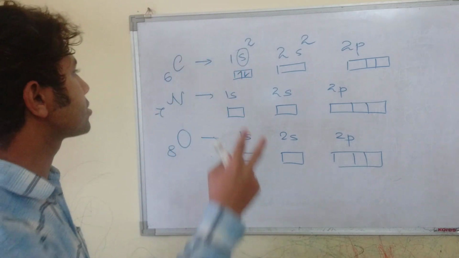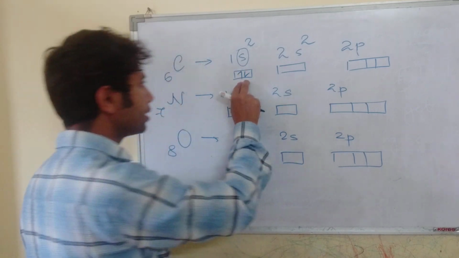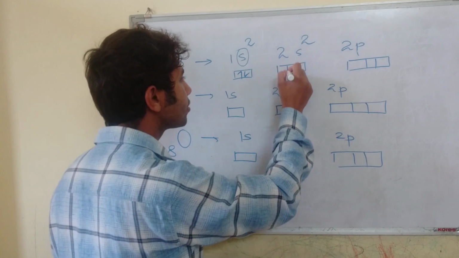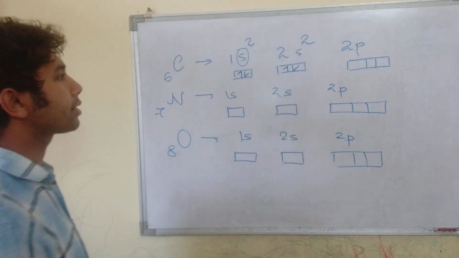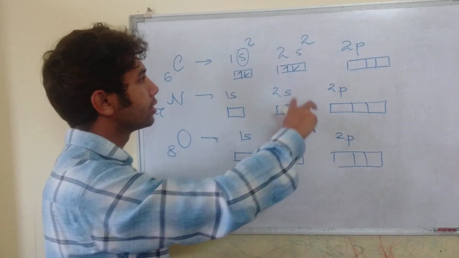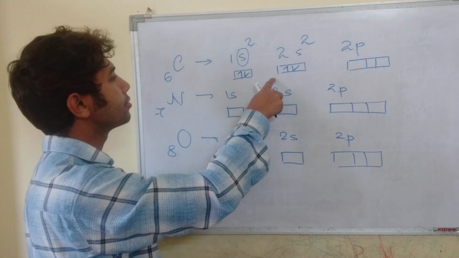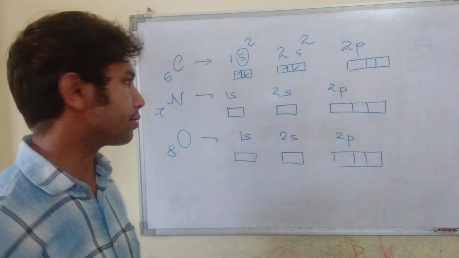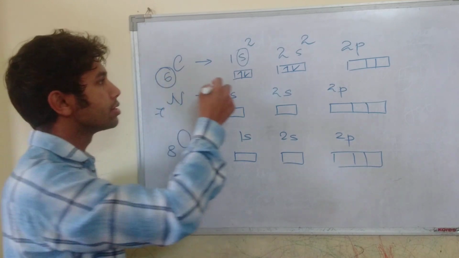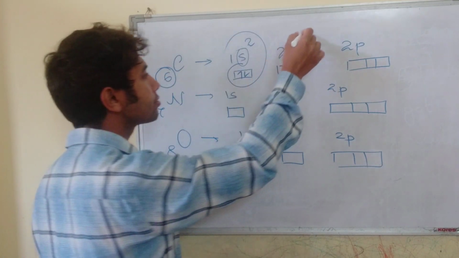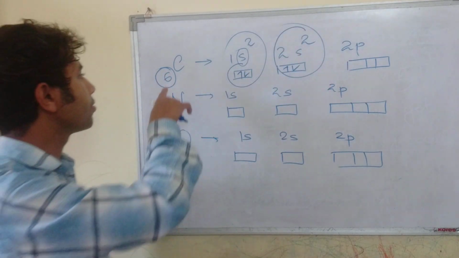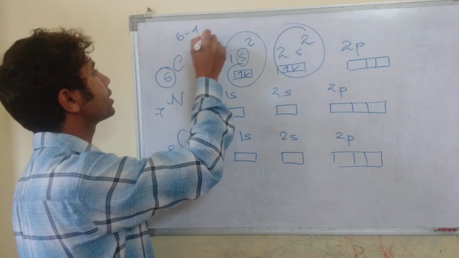In 2s also we can give 2 electrons, so 2 plus 2 is 4 electrons already gone. Now 6 minus 4, we have only 2 electrons left.